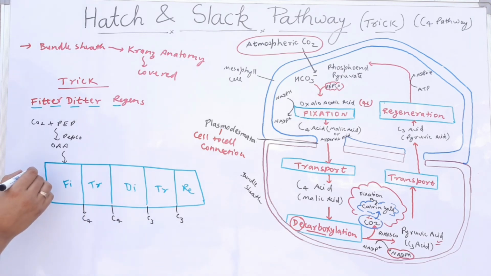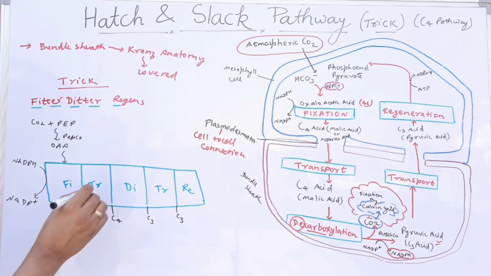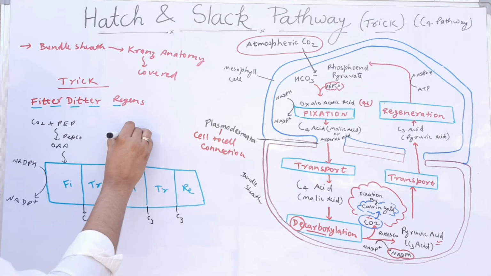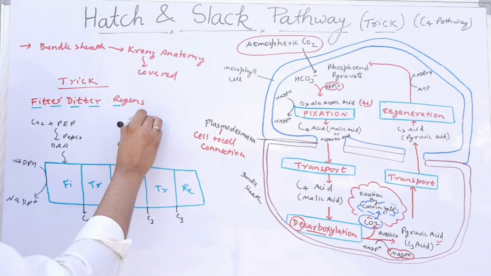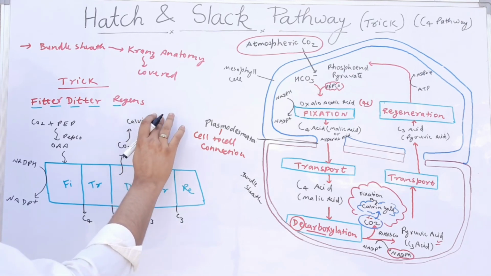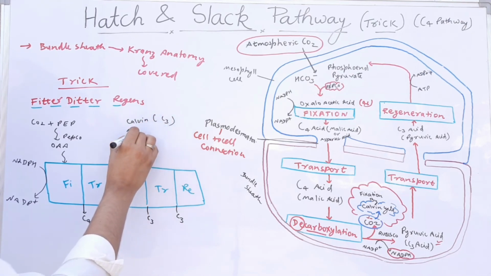Now there is a loss of NADPH to NADP plus. Again, most important is the D for decarboxylation. It means removal of CO2, which moves to the Calvin cycle for further processing. The Calvin cycle is called the C3 cycle, in the presence of RuBisCO.